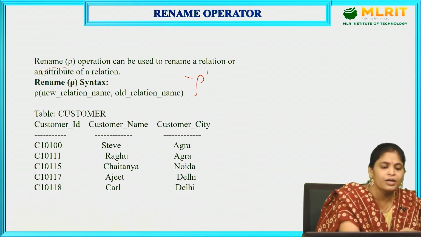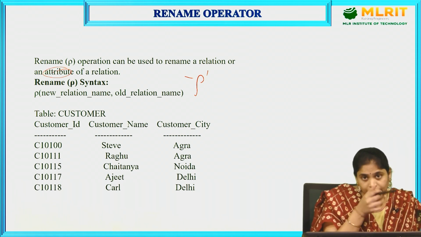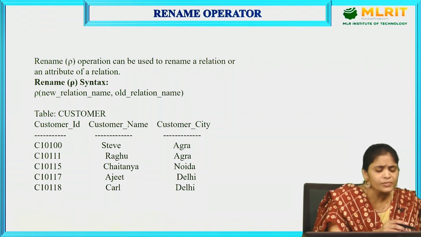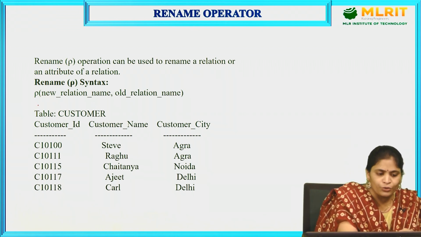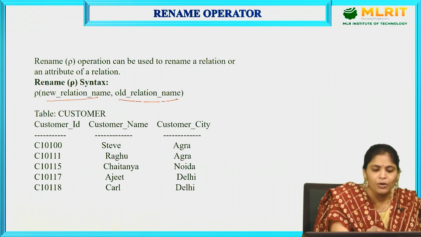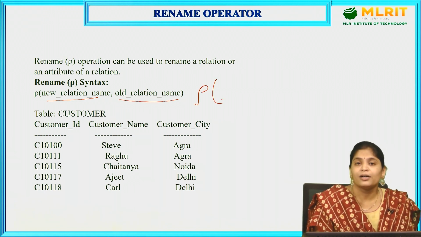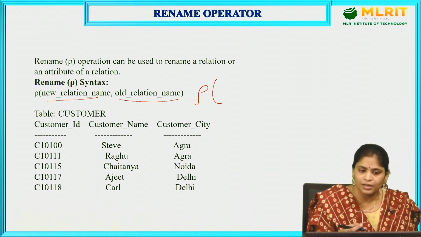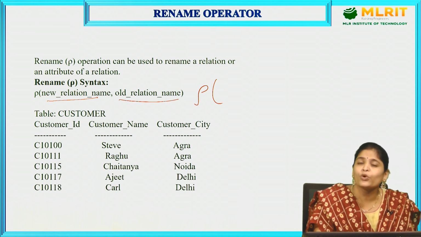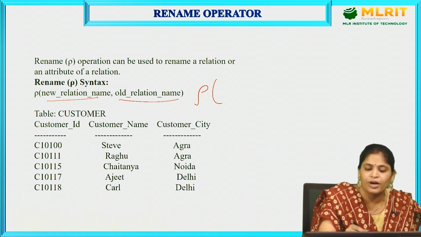An attribute is nothing but a column, a field, or a domain. The syntax is rho, new relation name, comma, old relation name. That means whatever relation name you are going to update, the new name you have to represent here.